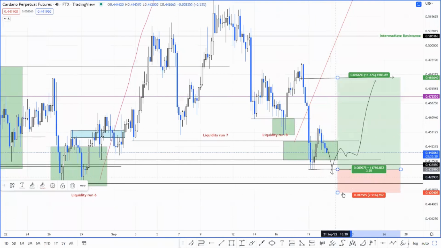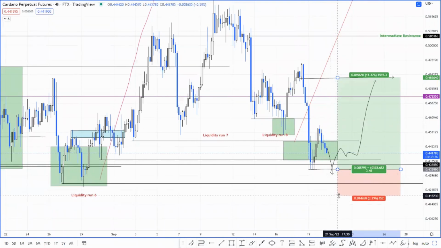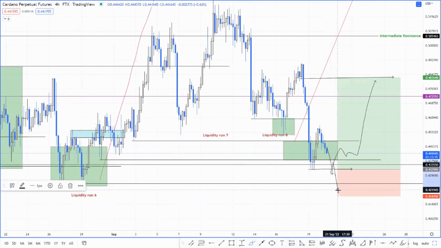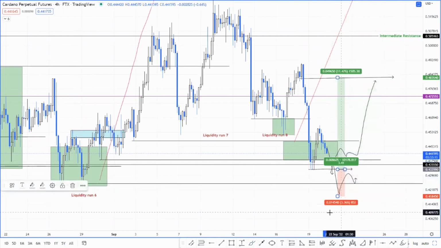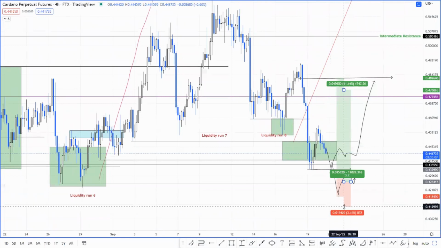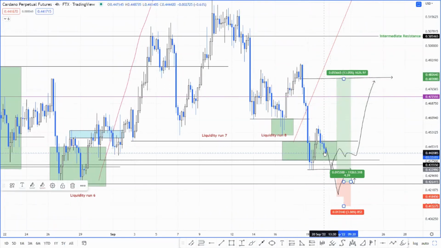I'm not sure whether the price is going to form a low, so please don't consider this as an actual trade setup. So this is what I'm expecting. But if the price does dip all the way down below these equal lows formed in late August, wait for a recovery above this, in which case you would open another long position wherever the price forms a low, and then again book profits at the FVG with this particular move.